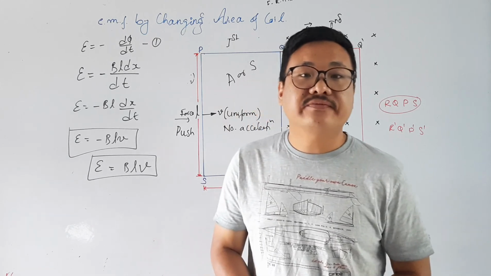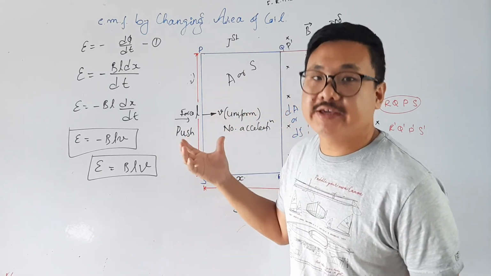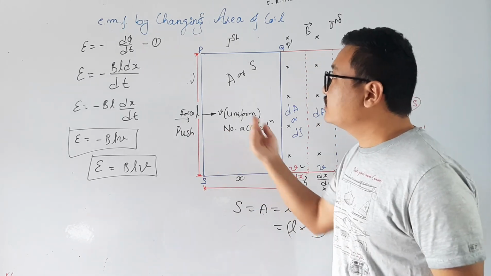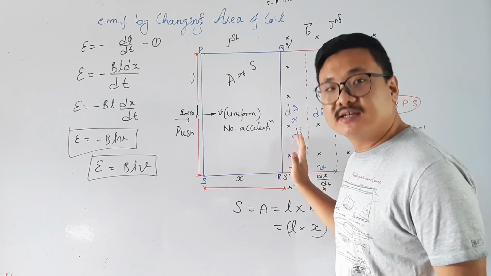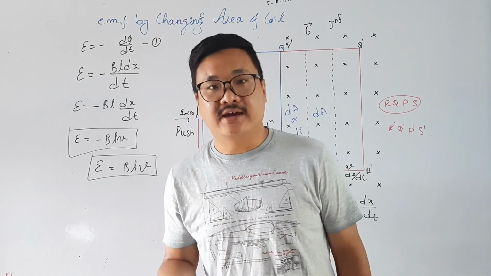The EMF induced by this process is called motional EMF, because the EMF is produced by moving the coil in the magnetic field.